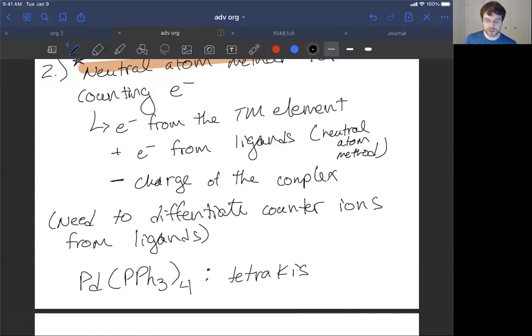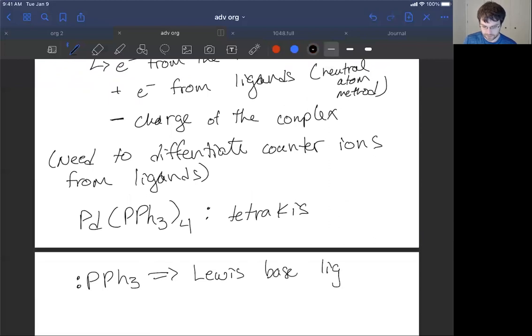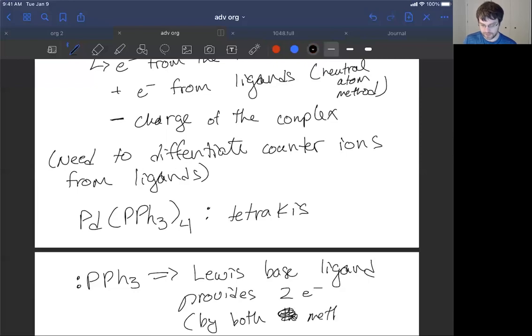So triphenylphosphine, this has been a ligand that has come up, so let's mention it. PPh3, this is a Lewis base ligand, and what it does is it provides 2 electrons, and it turns out that it provides 2 electrons by both methods of counting.